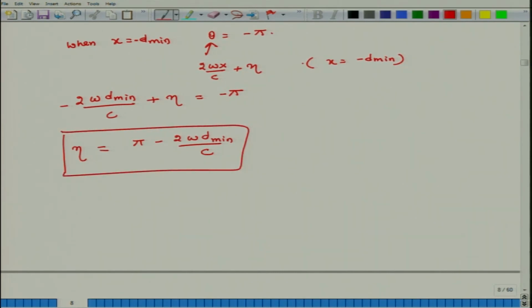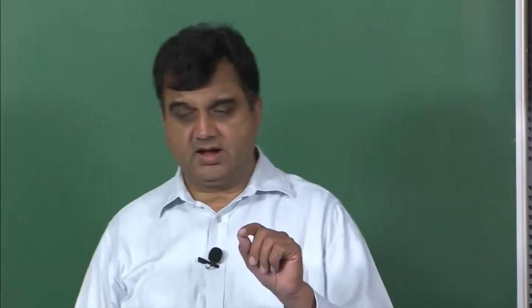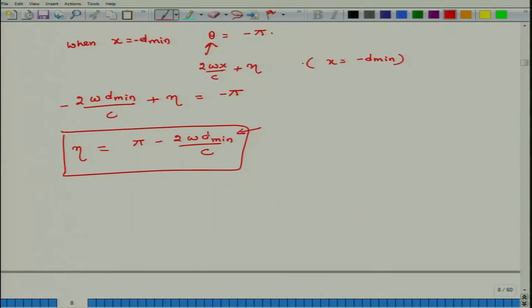So, what does this expression tell? That if I can find the value of d min, and how do I find the value of d min? I just move the microphone gradually away from the closed end, and wherever I find the first minima, that corresponds to the location d min. So, I record that number.